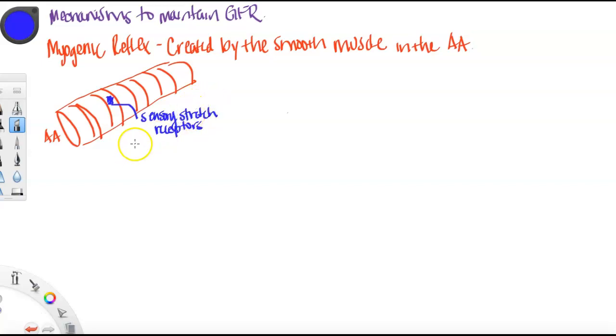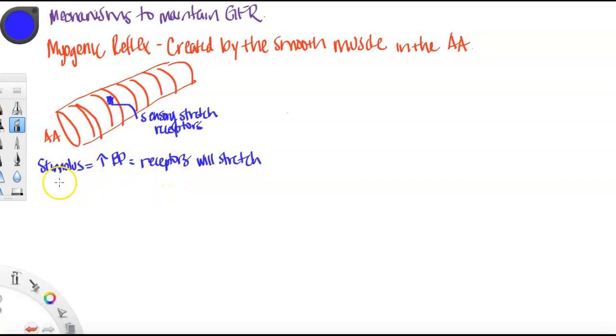So if blood pressure is high, if that's the stimulus, then those receptors are going to stretch. So they will feel more stretch. So that will be an indication that the pressure is high. We've got more blood coming in, it's stretching out the walls of the arteriole, and it's feeling that.